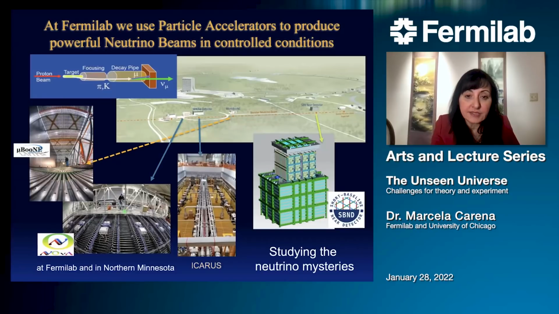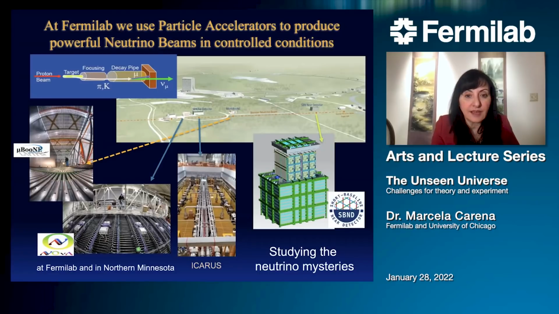And actually what is interesting is this NOvA experiment is one that is in Fermilab, and we call it there on-site or short baseline because it's close to the beam, to the source. But there's also another NOvA detector that is in northern Minnesota, 500 miles away from us.